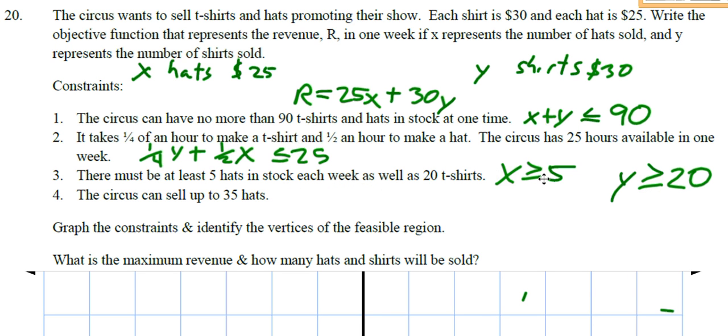So we have X is greater than or equal to 5. Y is greater than or equal to 20. X up to 35, so less than or equal to 35. So let's count by 5s, maybe. So if we have this graph, there's our y-axis, there's our x-axis.